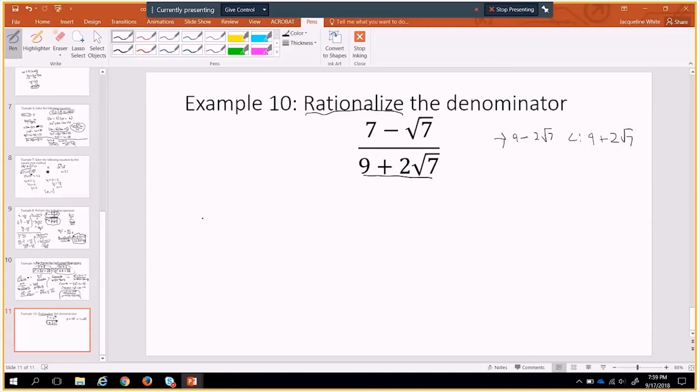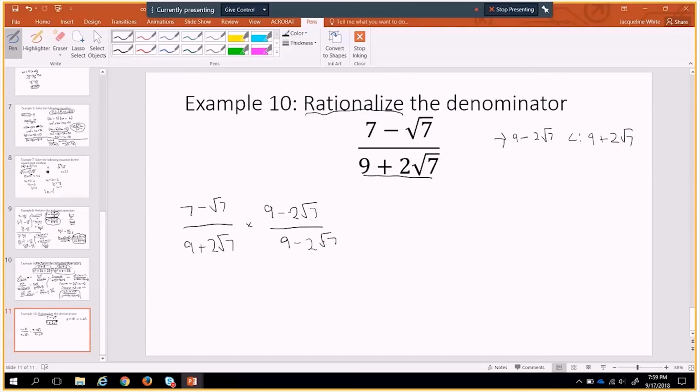All right, so we have a 7 minus square root of 7 over 9 plus 2 times the square root of 7, times a conjugate, which is 9 minus 2 square root of 7 over 9 minus 2 square root of 7. Right?